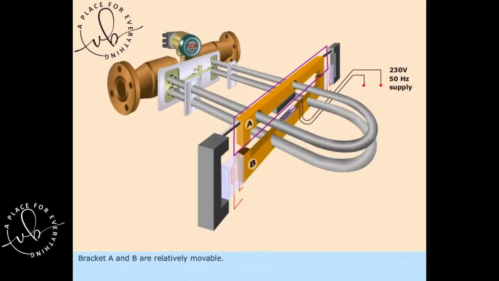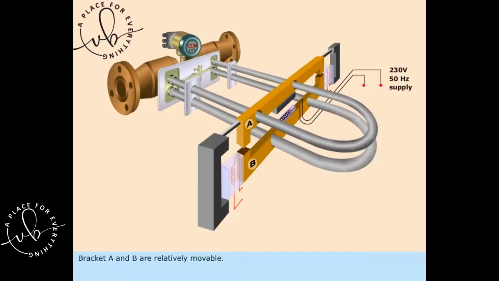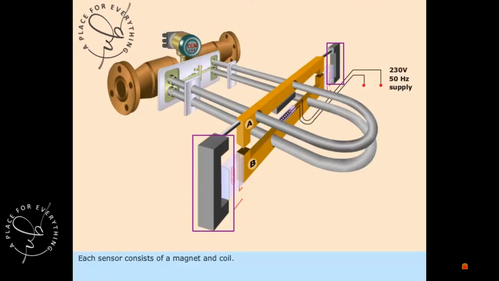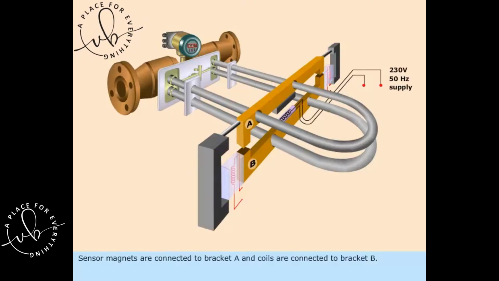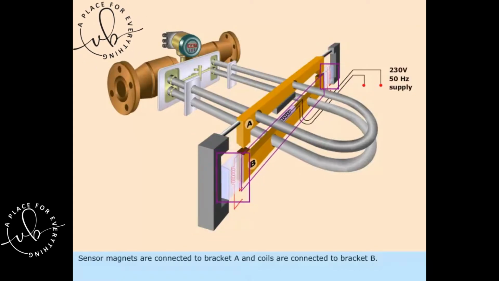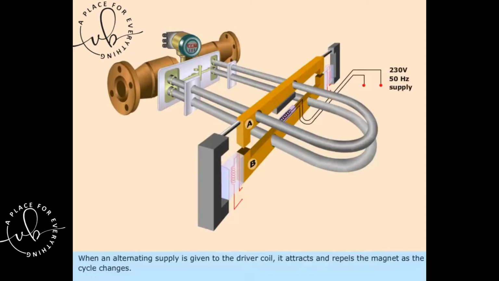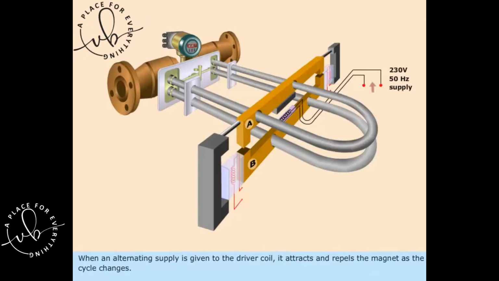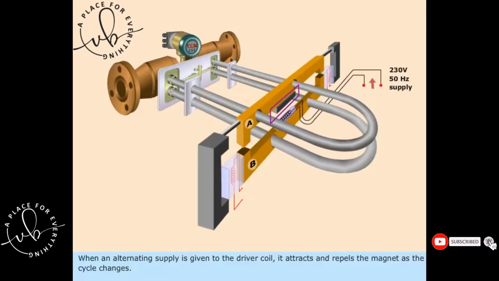Brackets A and B are relatively movable. Each sensor consists of a magnet and coil. Sensor magnets are connected to bracket A and coils are connected to bracket B. When an alternating supply is given to the driver coil, it attracts and repels the magnet as the cycle changes.